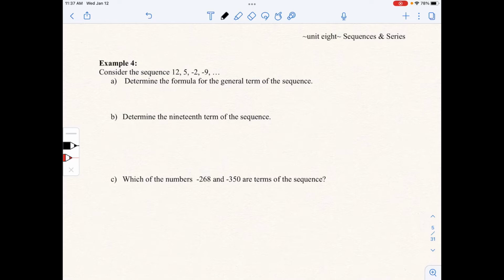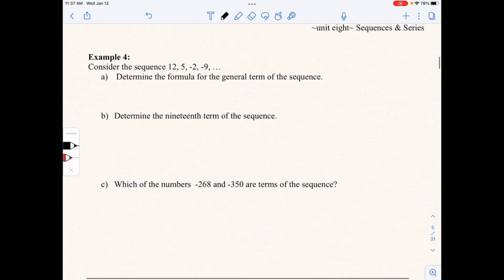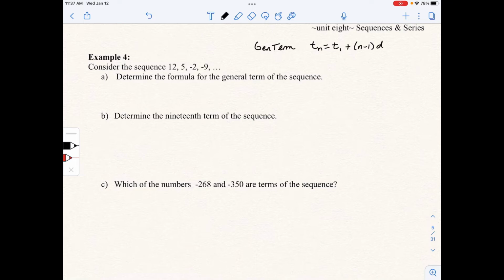It says, consider the sequence. Determine the formula for the general term of the sequence. So we have a general term formula, okay? Our general term formula, which is Tn, is T1 plus n minus 1 times d.